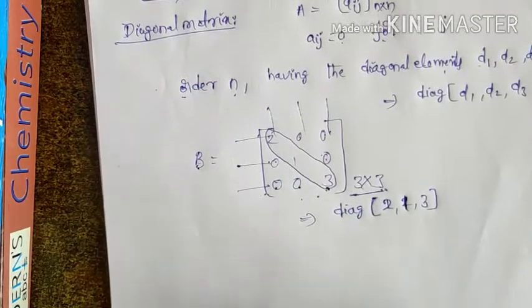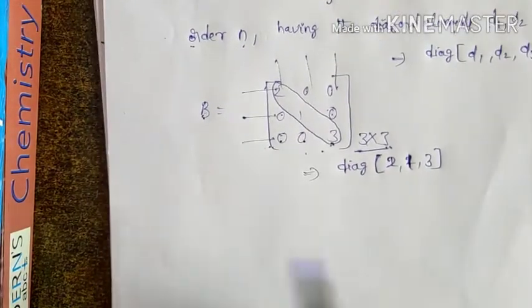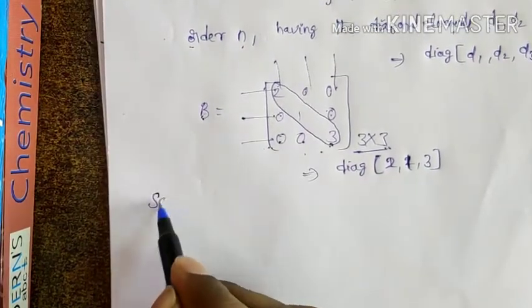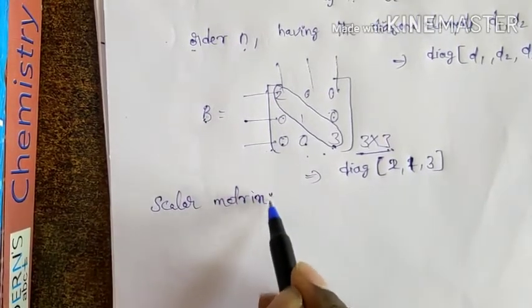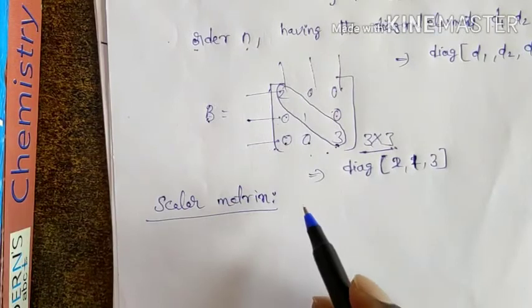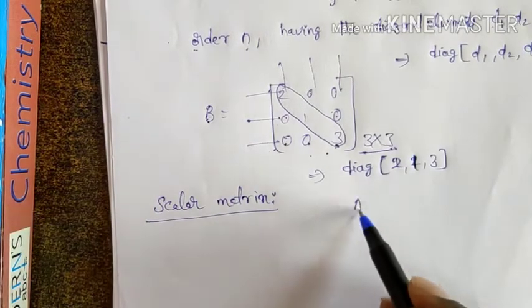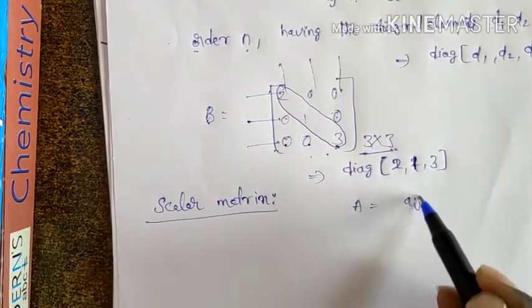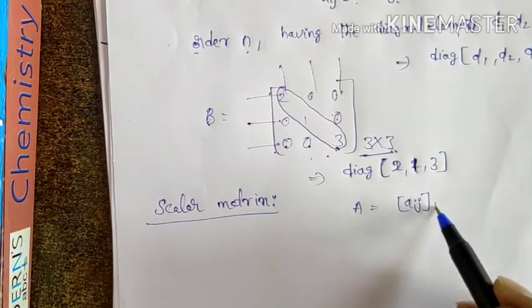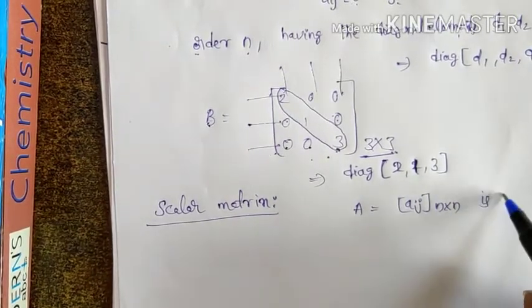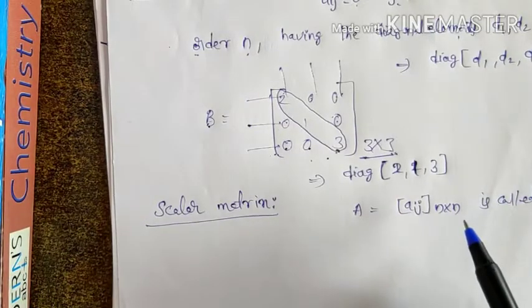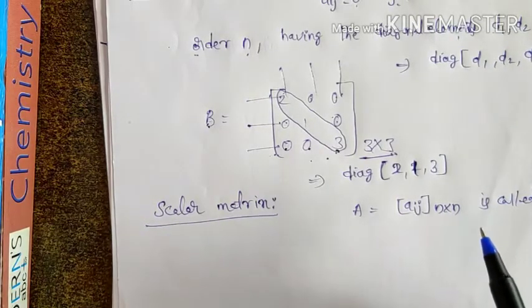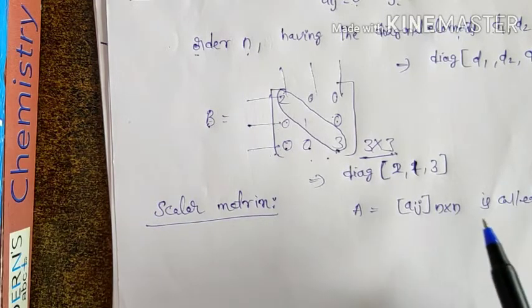Next, another type of matrix, scalar matrix. So here a square matrix A is equal to Aij, n by n, is called scalar matrix if all the non-diagonal elements are 0 and diagonal elements are equal.